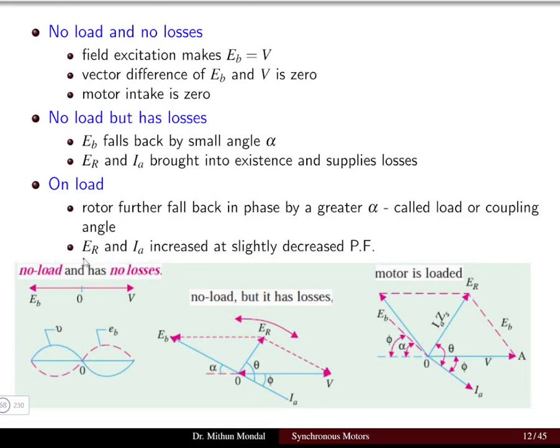Then the resultant EMF ER and IA increase at a slightly decreased power factor. So as the load on the motor is increased, the resultant EMF also increases and the motor draws more current at a decreased power factor. So these three cases we have to understand for the dynamics of the synchronous machine.